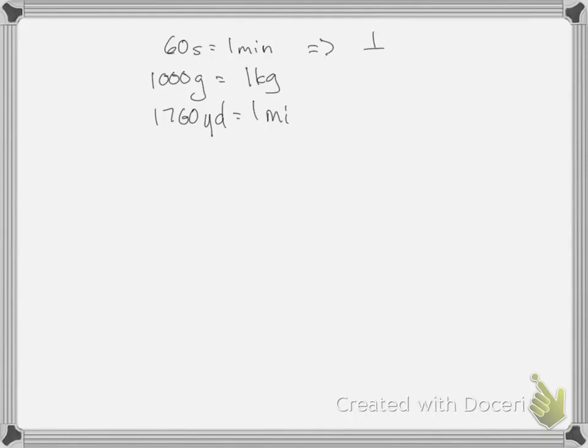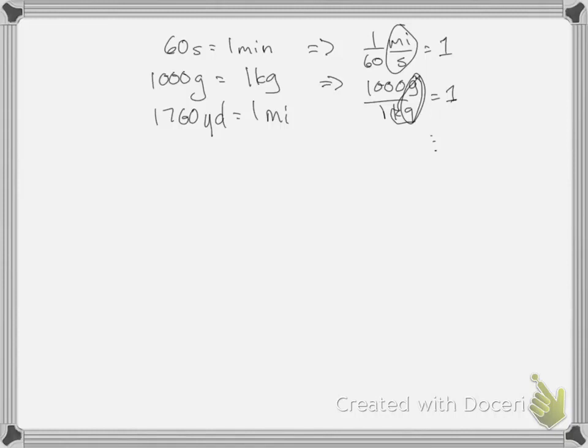So 1 minute over 60 seconds equals 1. Now it's a conversion factor. 1,000 grams over 1 kilogram equals 1, et cetera. So we can create conversion factors, and then you just look at the units, and you can turn one unit into another unit by using these conversion factors.